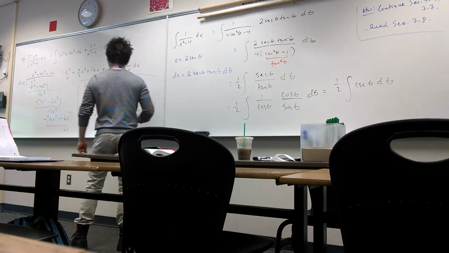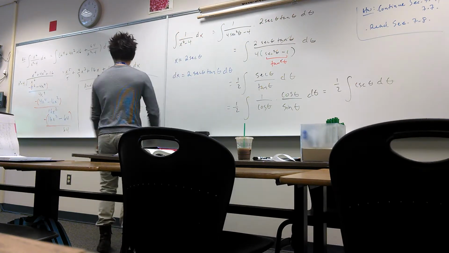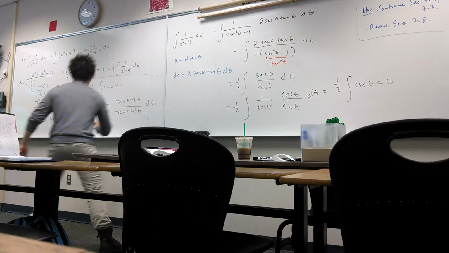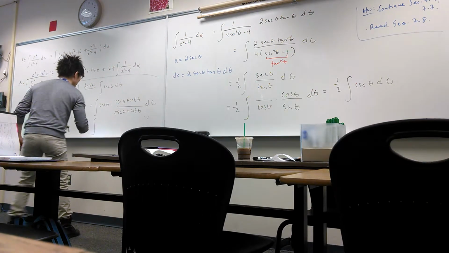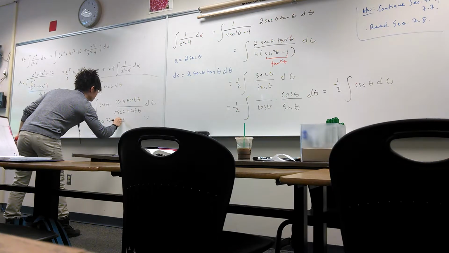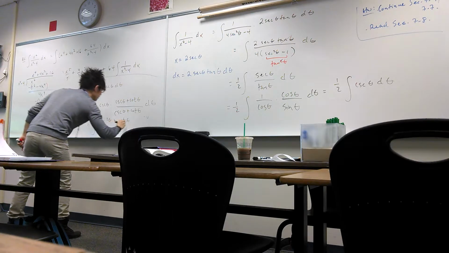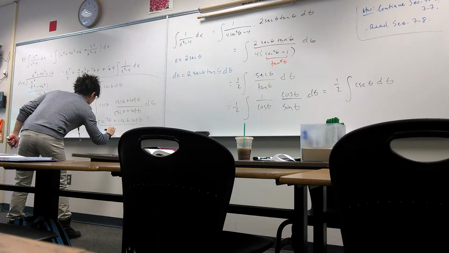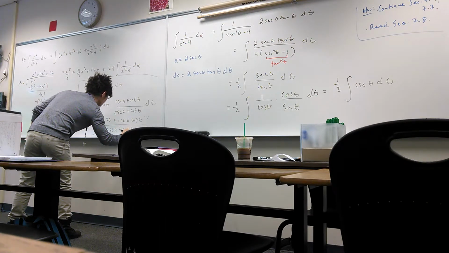Okay, so cosecant times cosecant plus cotangent over cosecant plus cotangent.